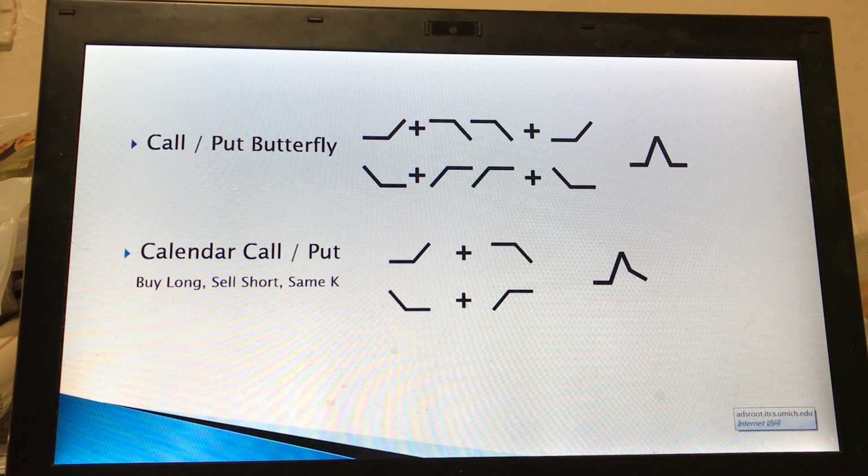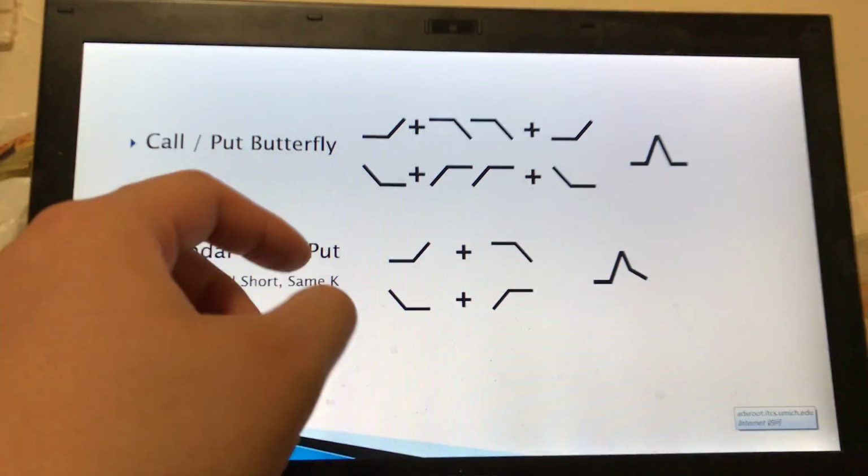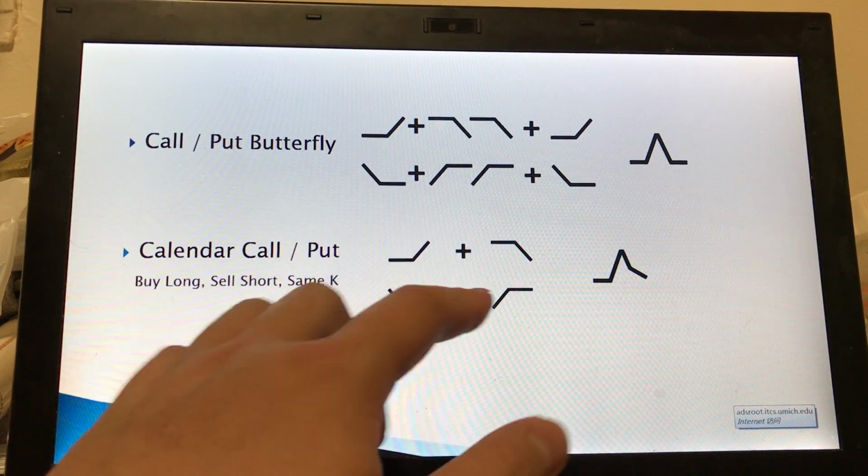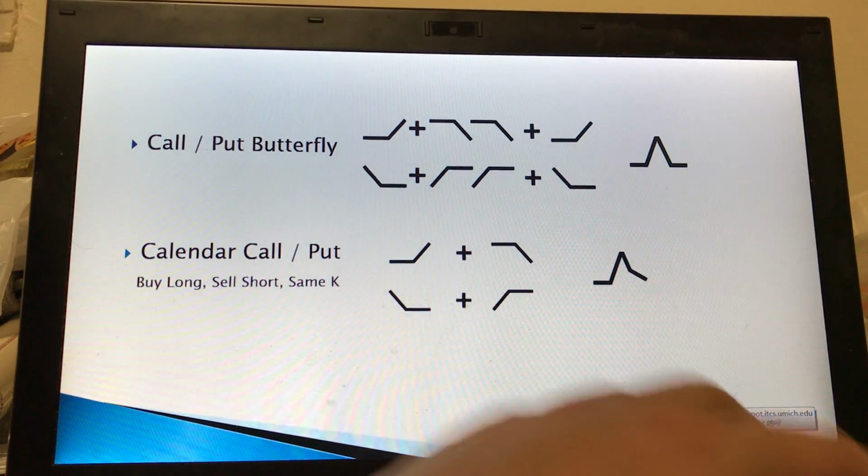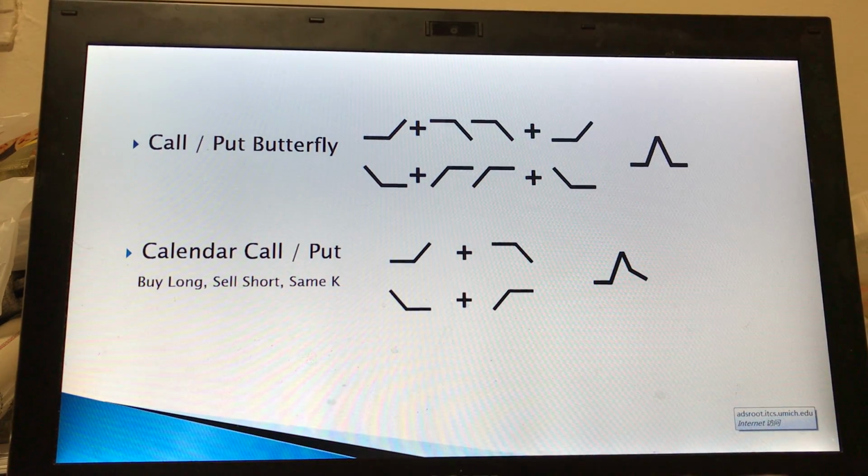So you would highly expect the stock to stay within a range. If you are doing a calendar call or calendar put, make sure to stop loss at some point.